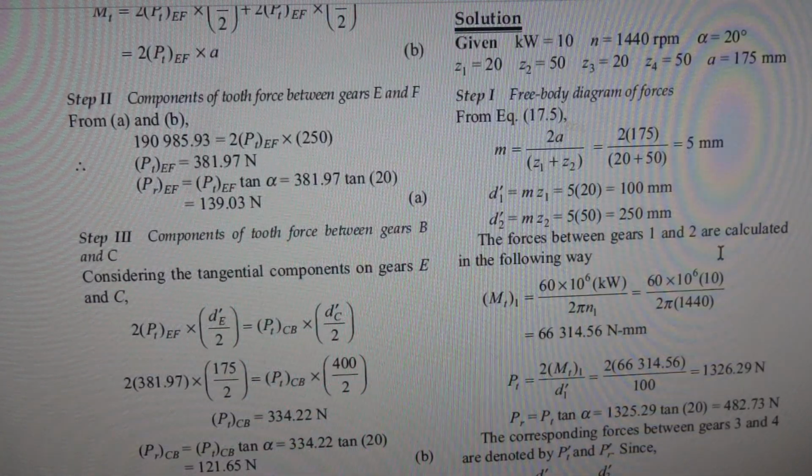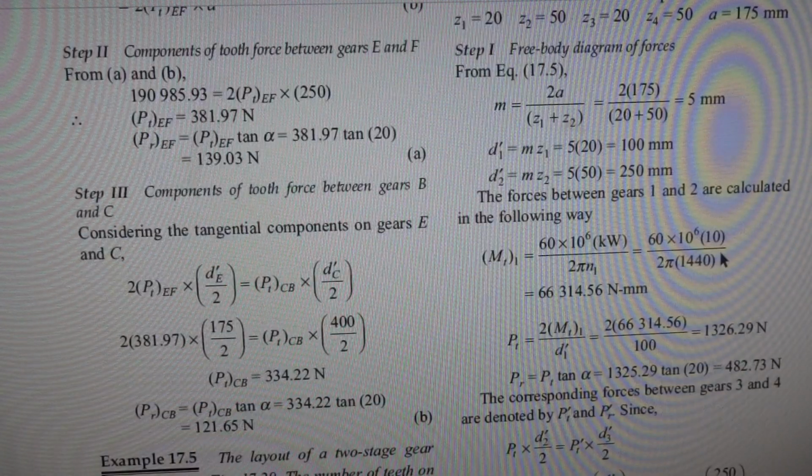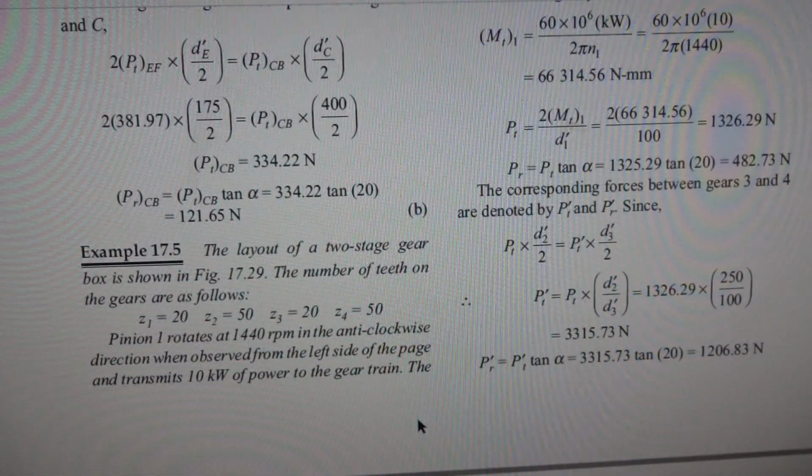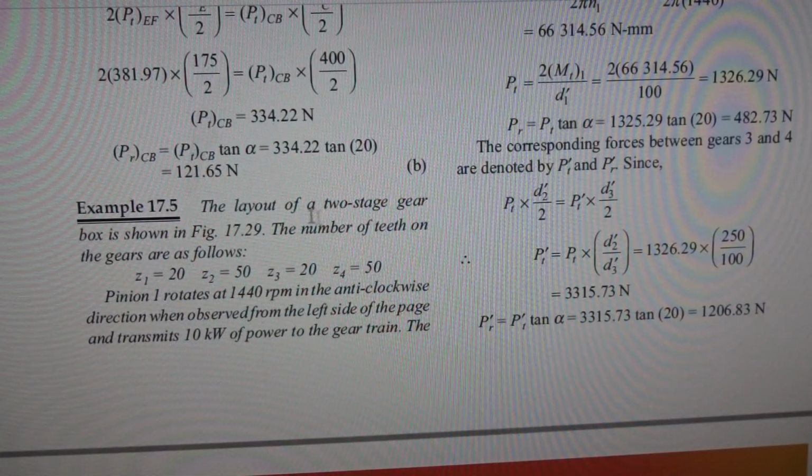You can understand by seeing the solutions. The layout of the two-stage gearbox is shown in the figure. The numbers of teeth on the gears are Z1 20, Z2 50, Z3 20, Z4 50.